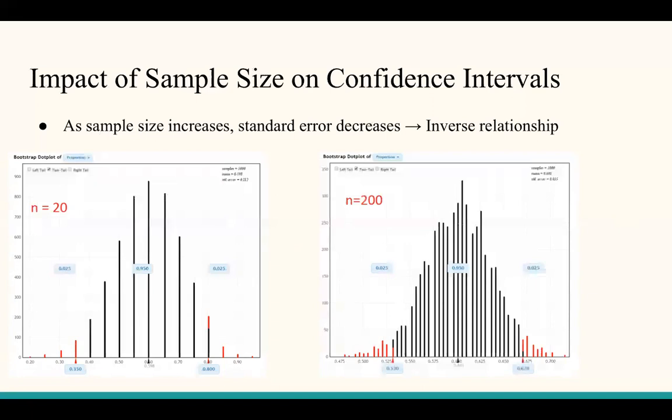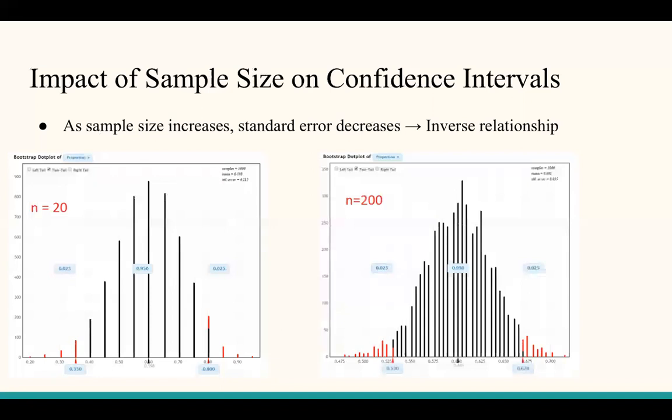In addition, the confidence intervals between the two differ. You can see on the bottom that the distribution with the smaller sample size on the left has a much wider confidence interval than the one on the right, because if you think about it, we're not using as many people, and our data is not as reliable.